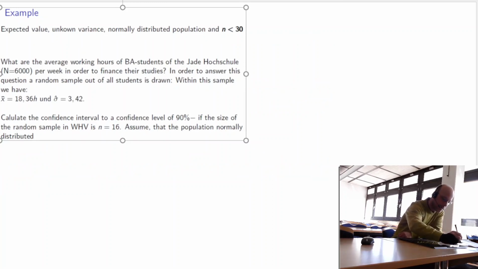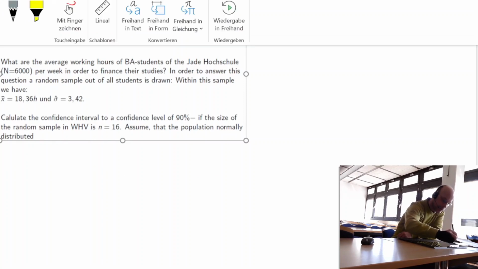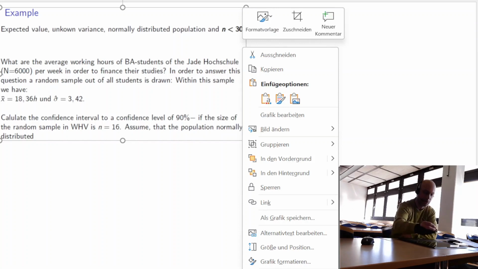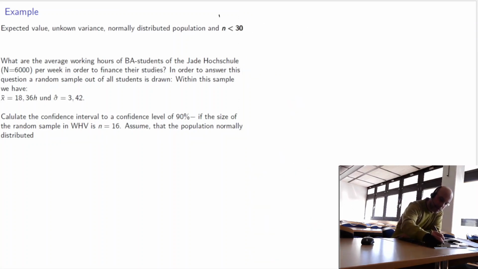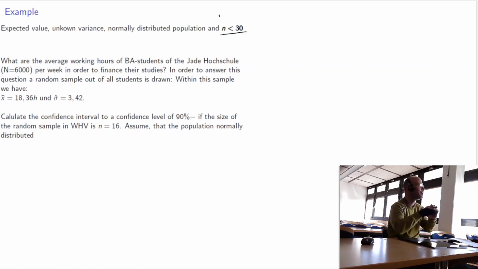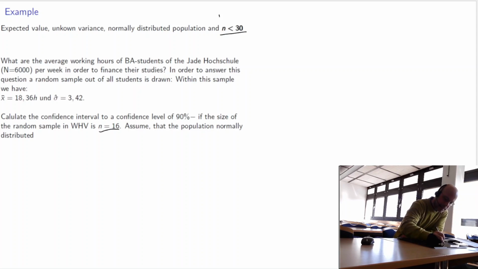Let's say within your bachelor thesis or something like this, you want to know how much your fellow students are working. But as it is quite often the case, you set up something on the internet and not many of your colleagues are really answering. So you have just a random sample size of n equals 16.